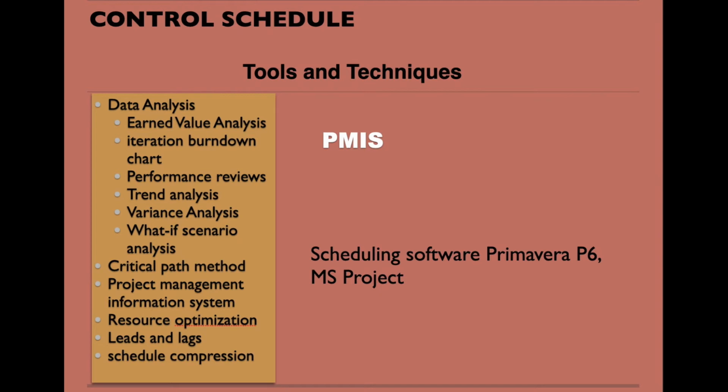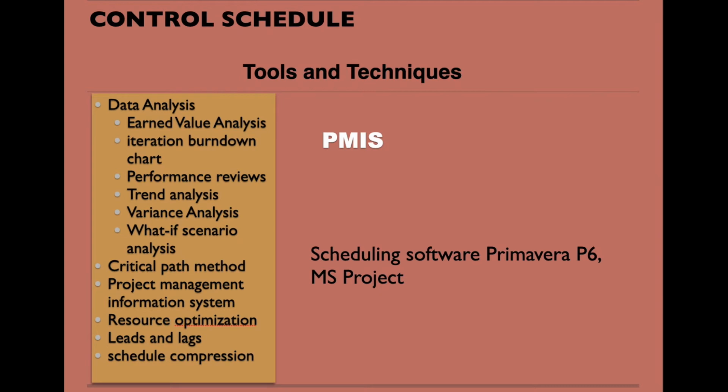Software will help us to control our schedule more efficiently. So we use Primavera, MS Project, or there are a lot of software that we can use to control our schedule. It will highlight a lot of things for us. It will make our work easy. For example, it will tell us which one is our critical path. We don't have to find out manually.